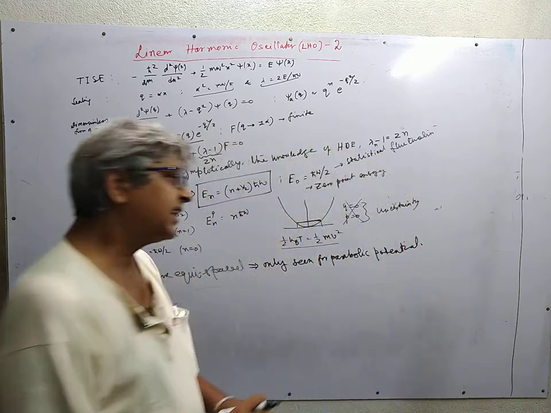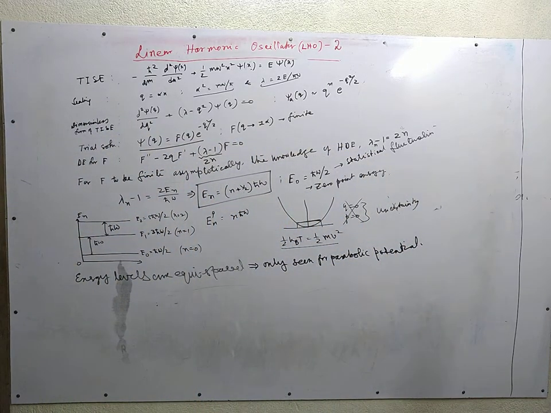That is, if we measure the energy levels of a system experimentally, and we find that the energy levels are almost equispaced, as in the case of vibrational energy levels of a diatomic molecule, then since the energy levels are almost equispaced, to the first approximation we can treat the system as a harmonic oscillator, and then we can add some terms which explain the slight deviation of the energy levels from its equispaced values.